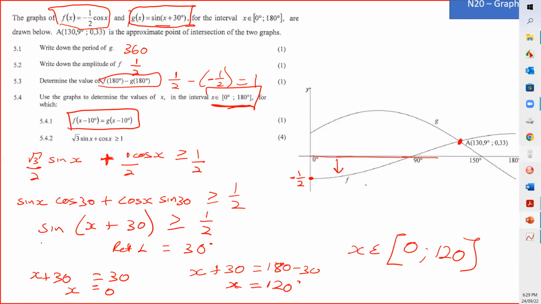And remember that sine of x plus 30 is actually the graph that we are dealing with. All right. And if you look at the graph, sine x plus 30 is our G graph. Okay. And there's our G graph, if I have to highlight it for you. But the question is, when is this graph greater and equal to half?